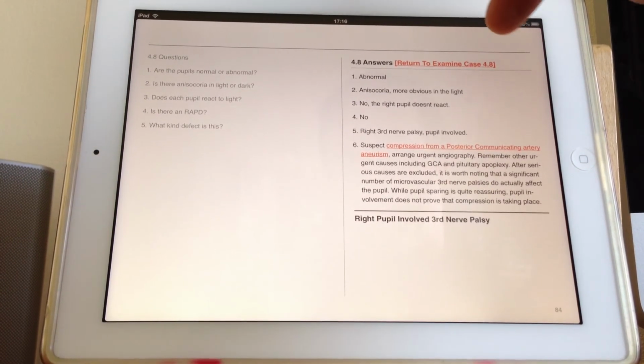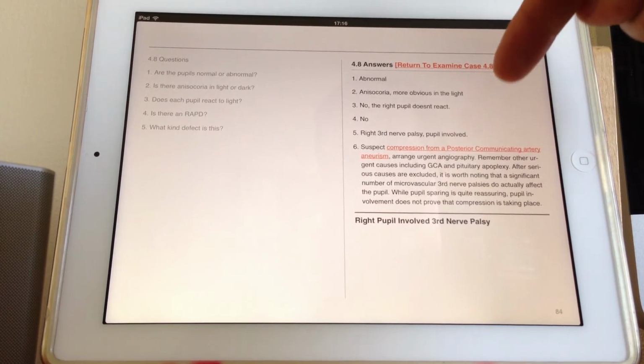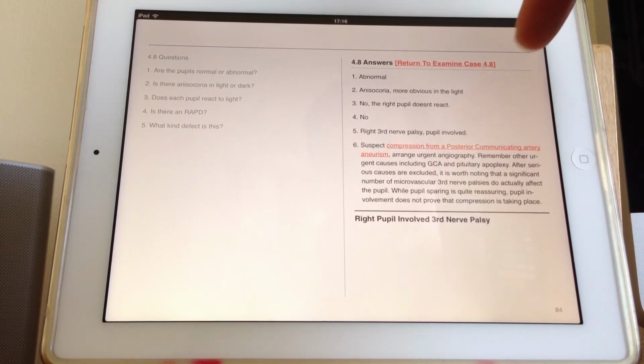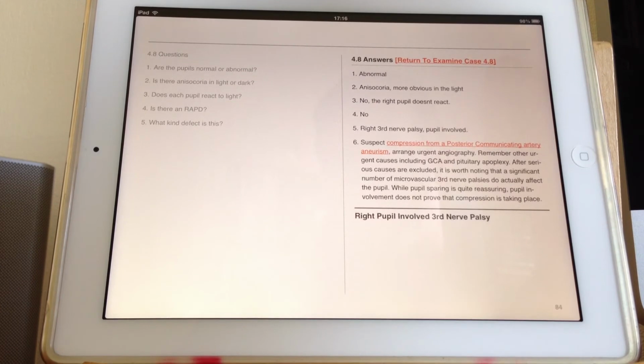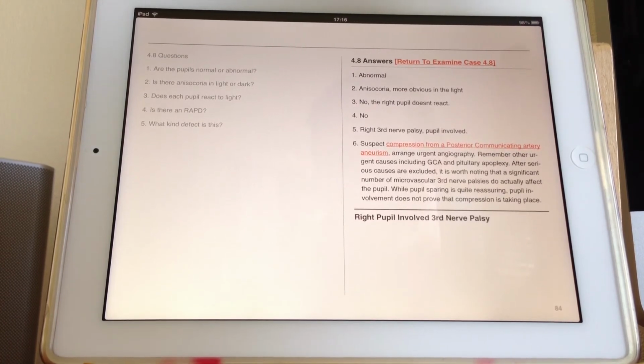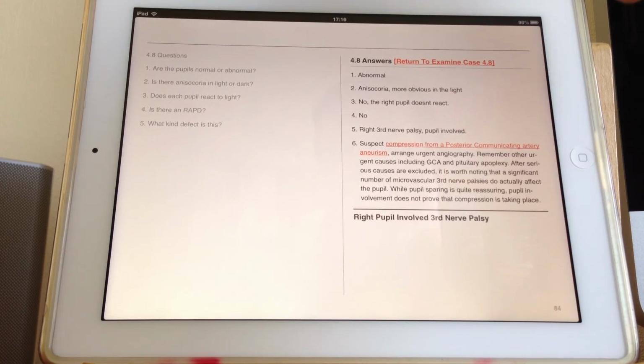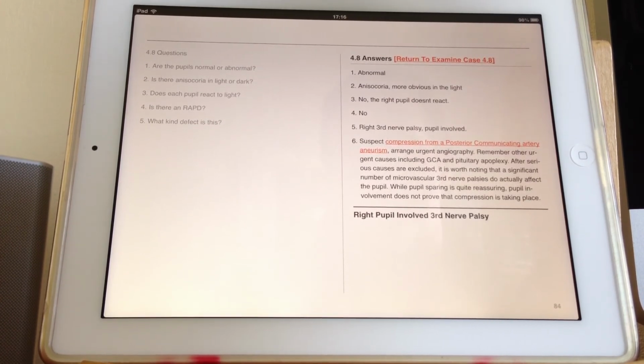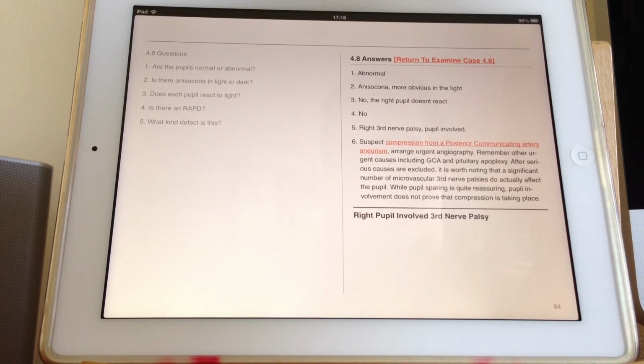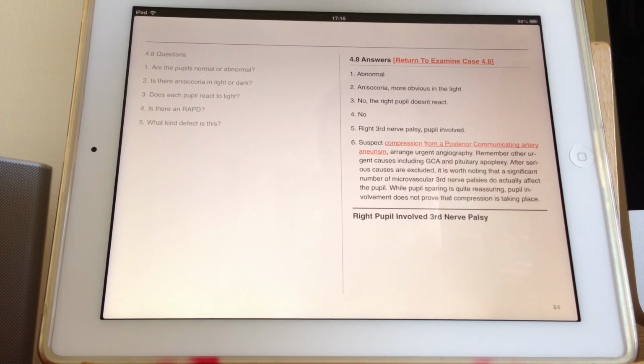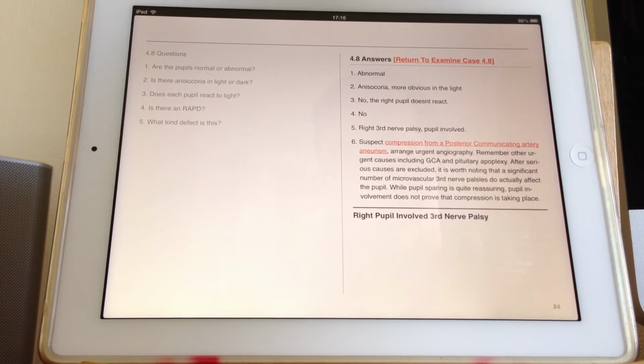So in terms of a pupil involving third nerve palsy, the thing to be concerned about is whether or not there's a compression from a posterior communicating artery aneurysm. So this patient would need urgent cerebral angiography, and by doing that they may then identify an aneurysm and even treat it if they've got facilities to coil and things.